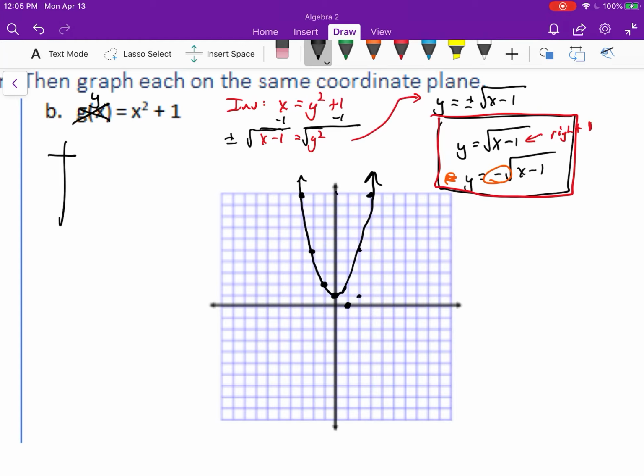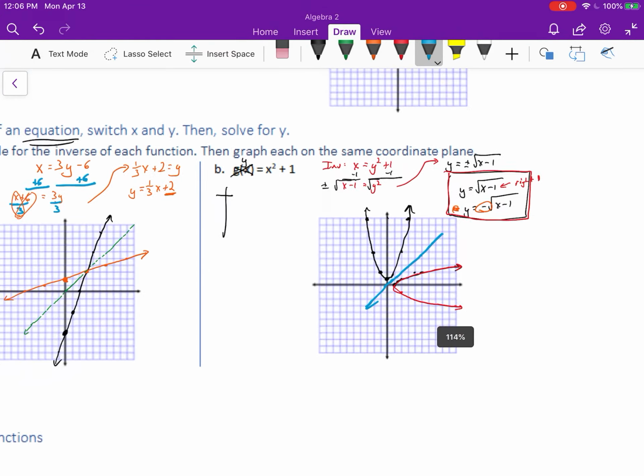It's moved right one, so it should be moved right here. Oh, should be there and here. I was going to do it in red. And so there's the inverse. So sorry about that mistake. And notice, now we can see this is a reflection over this y equals x line once again.